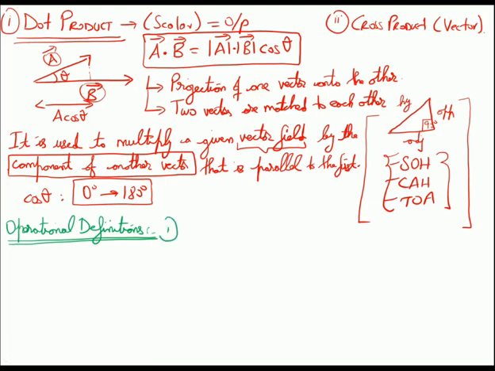The first point being, whenever we have a single vector and you want to take a dot product with the same vector, its output becomes the absolute square. Again, this is a scalar quantity, a scalar magnitude. So the dot product of a vector with itself will give you the absolute square of it.